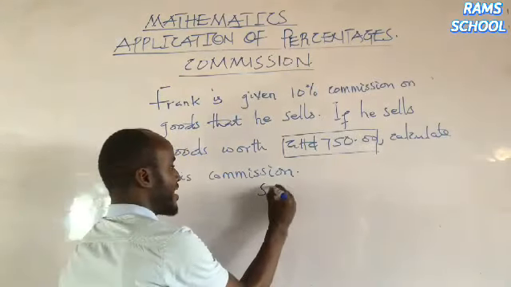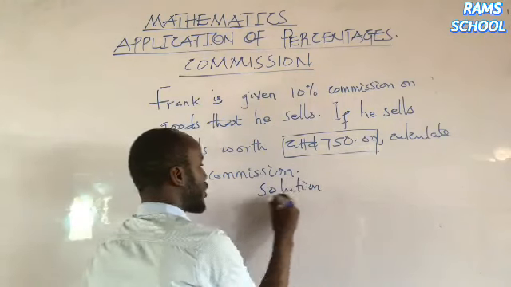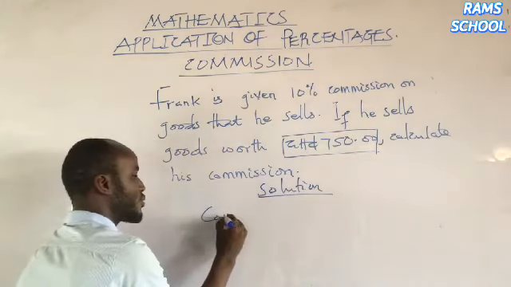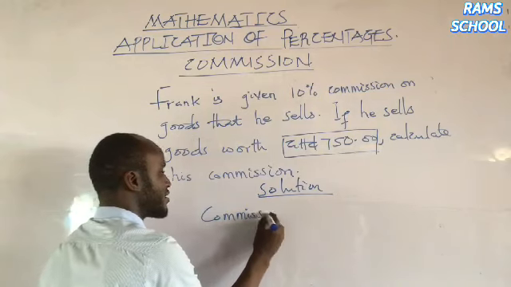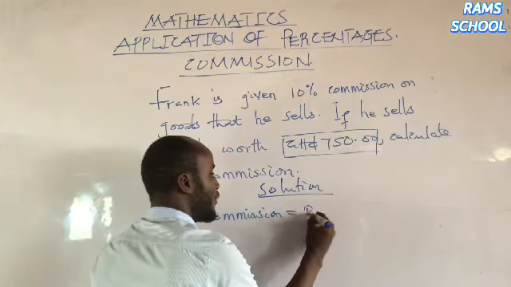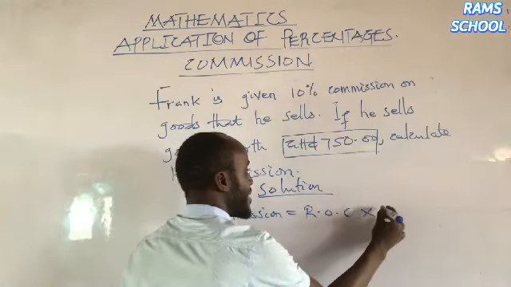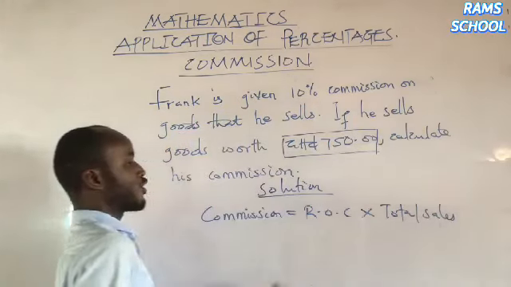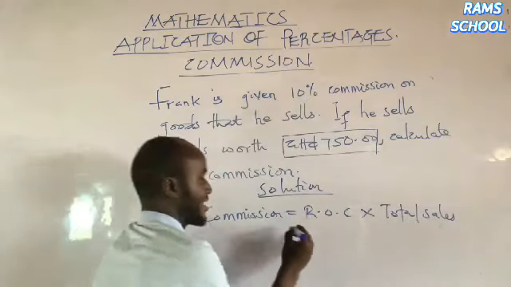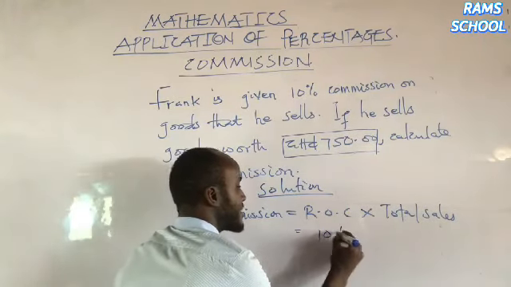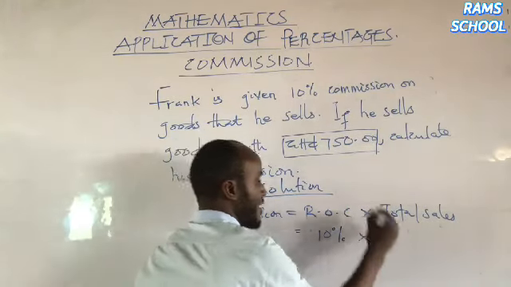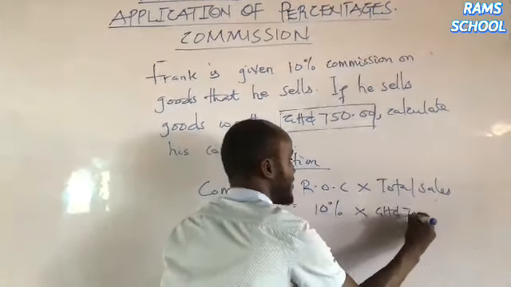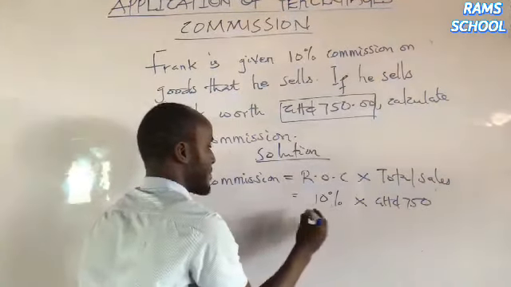As I told you earlier, to find the commission, you multiply the rate of commission. So commission is equal to rate of commission times total sales. Our rate of commission is 10%, so you multiply 10% by the total amount, which is 750 Ghana cedis.